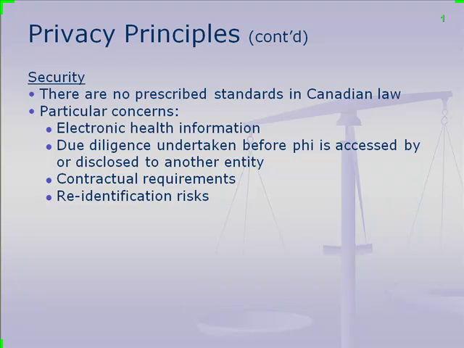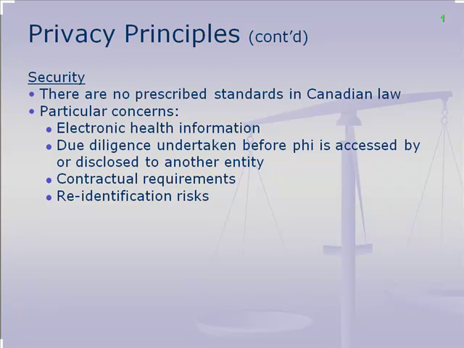And I believe the final principle before we get into secondary uses that I want to talk about is security. There are no prescribed standards in Canadian law. Some of the concerns are in the electronic health information world: due diligence on the part of a HIC before PHI is accessed by or disclosed to another entity.